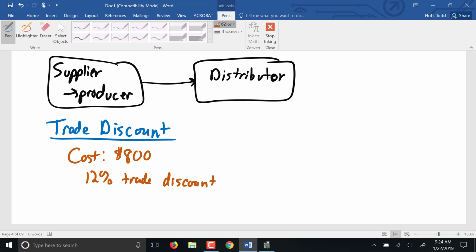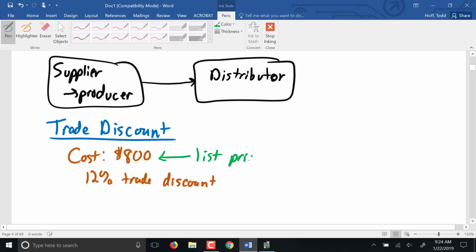Now I should clarify, this cost is what we're going to refer to as a list price. So that's the price that anybody off the street can walk in and buy those products for, is $800. But this distributor has earned a 12% trade discount. So they are not going to pay that full price of $800.